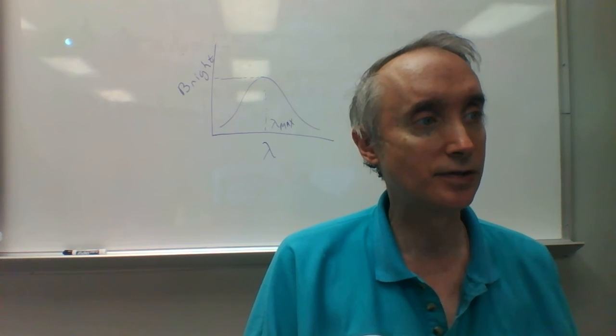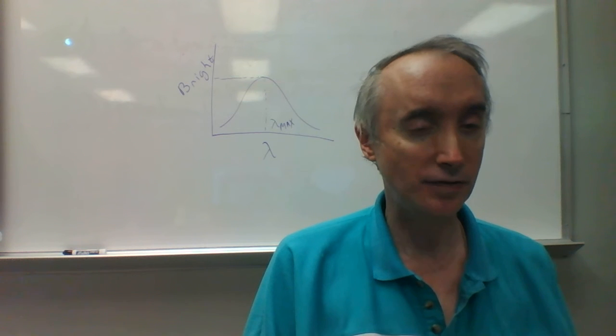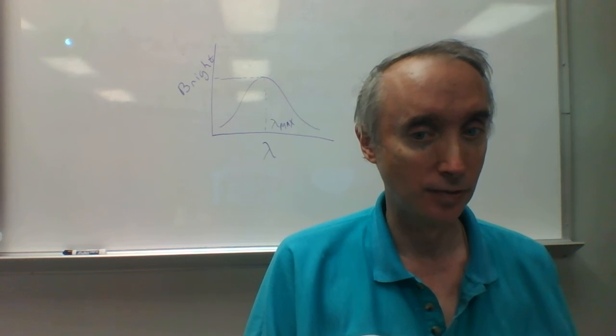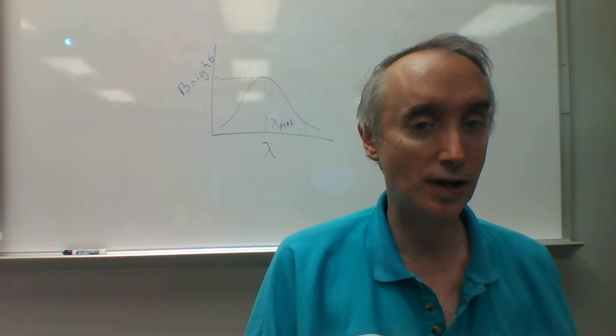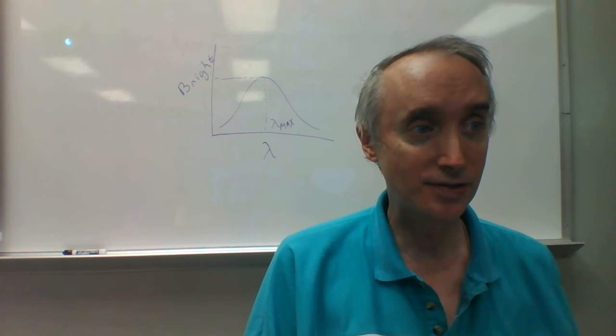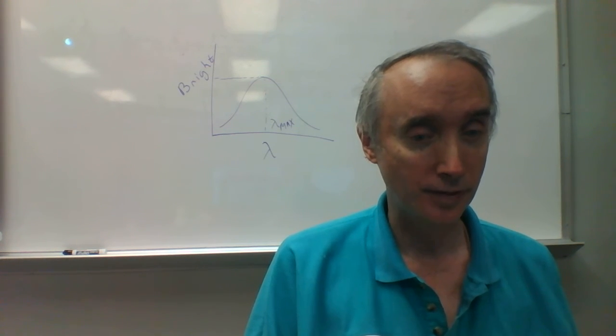But you'll notice that it says 2.898 times 10 to the 6th divided by lambda maximum, whereas I always said that it was 0.0029. So it is the same formula, it's the units that are different.